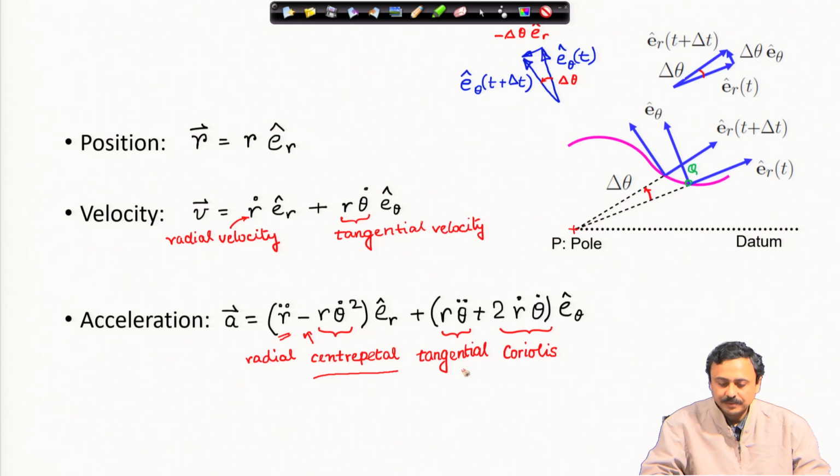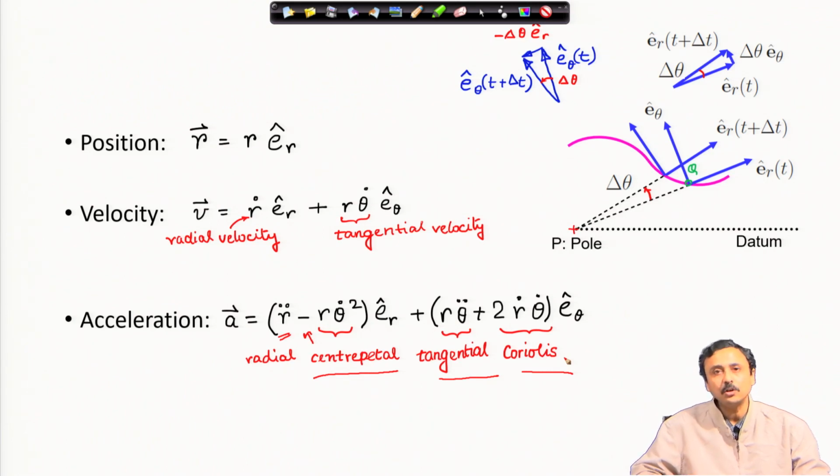And we have as the coefficient of e_theta cap the tangential acceleration and the Coriolis acceleration. The tangential acceleration is perpendicular to the radial line, and the Coriolis acceleration is also perpendicular to the radial line because it is along the e_theta cap direction, but this has a different name, Coriolis acceleration.